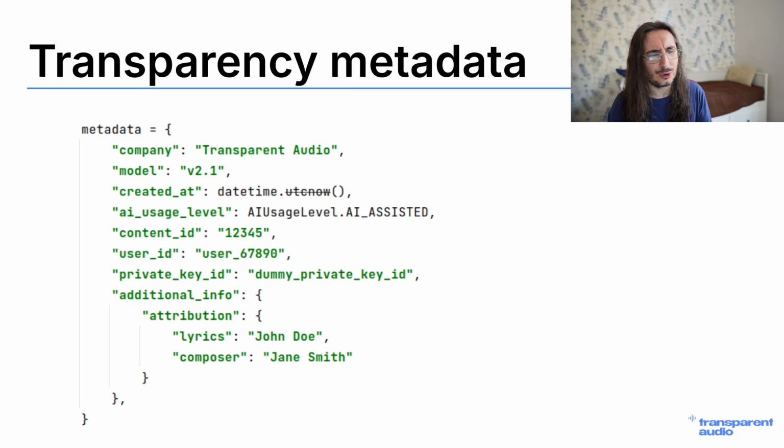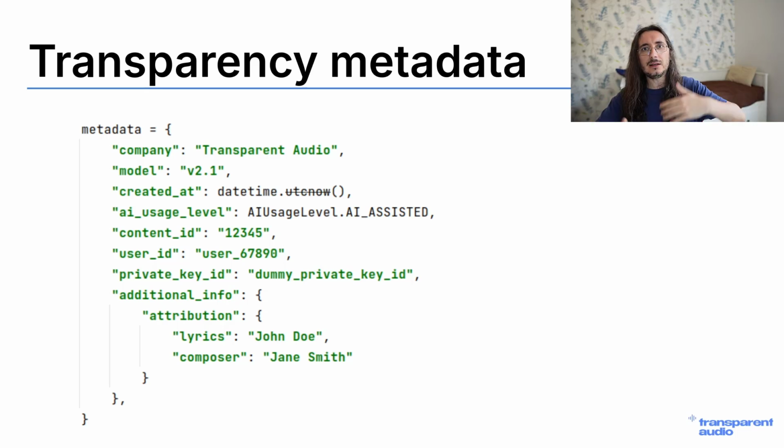Finally, we have an optional field called additional info. Here you can put whatever you want. It's a simple Python dictionary. Feel free to put whatever you want in here, but we highly suggest putting attribution in this field. As you can see from this example, you can put information about the lyricist, in this case John Doe, the composer Jane Smith, and if there's an AI which did production, you can put the name of that AI, the model, whatever that is.